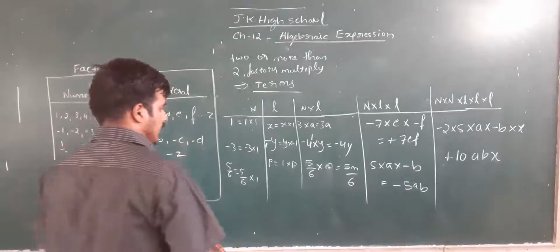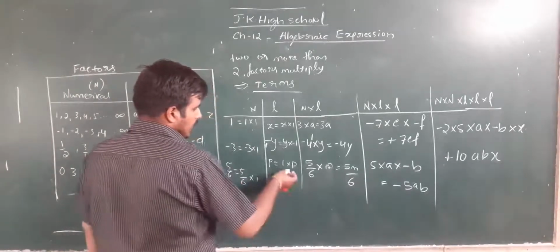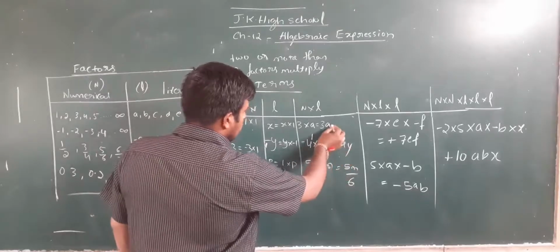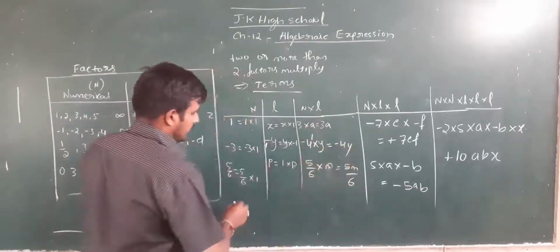Let us take the example. Here many terms are there. I will add 3a minus 4y.